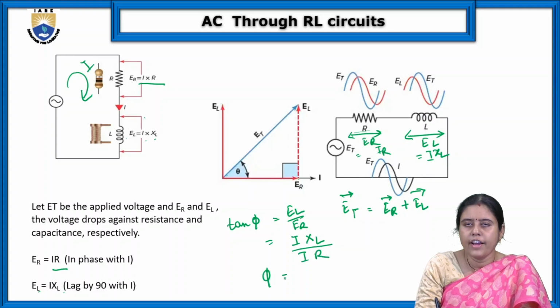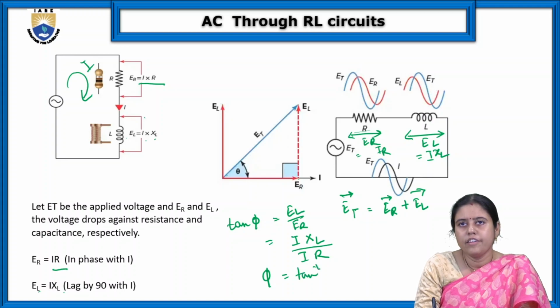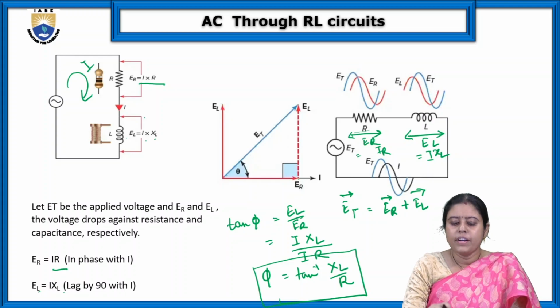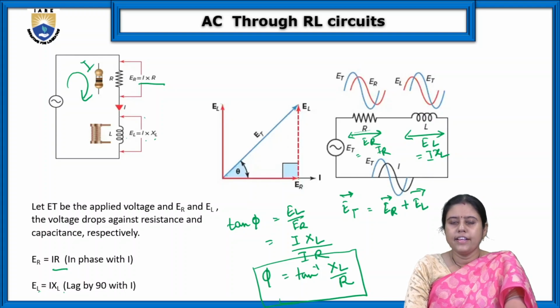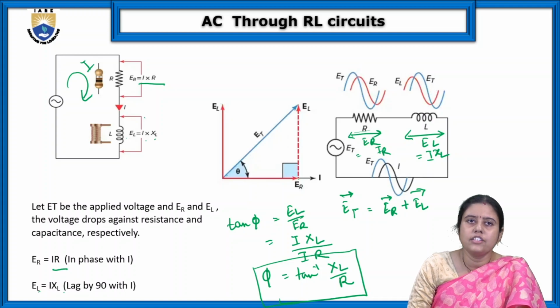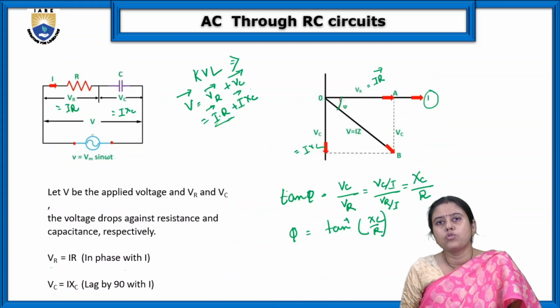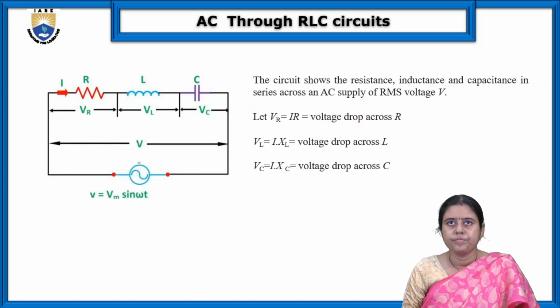So phi is equal to tan inverse XL by R. So this is the phase angle. But this phase angle is lagging in nature in the RC circuit and leading in nature in the RL circuit with respect to the current.